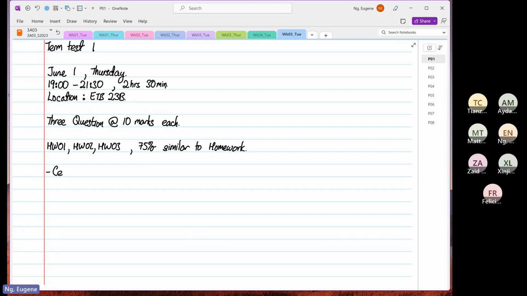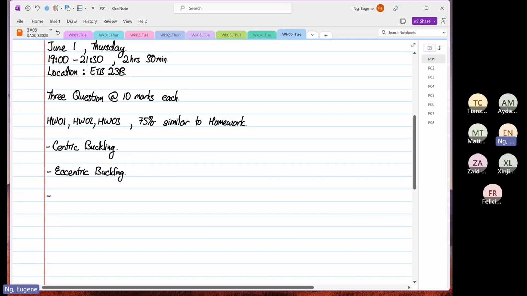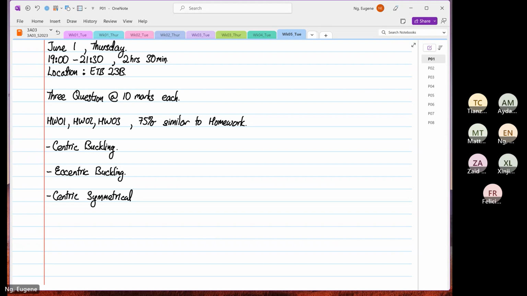Centric buckling, then you have eccentric buckling, and then homework 3 is symmetrical or centric, symmetrical and unsymmetrical bending.